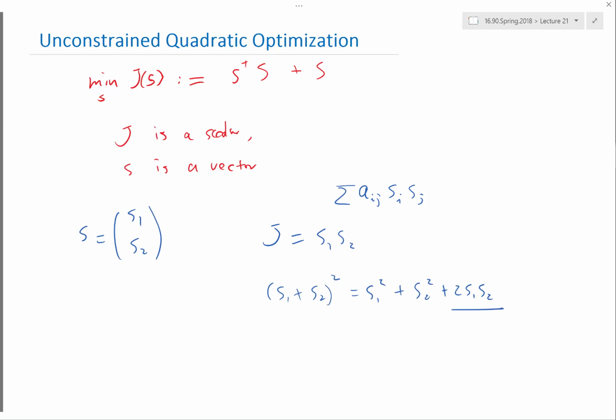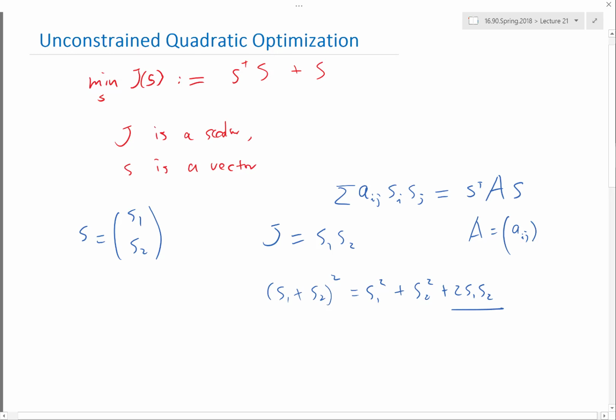And can anybody write this down into a more compact form using linear algebra? S vector times the matrix A times the vector S. Yes. So if I write down S like this in a column vector form, this is actually equal to S transpose times A times S, where A is equal to the matrix of Aij.